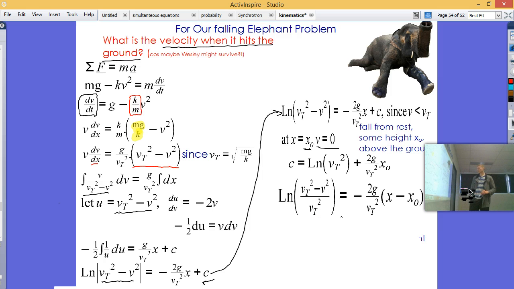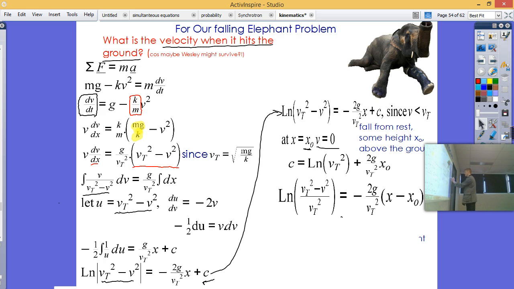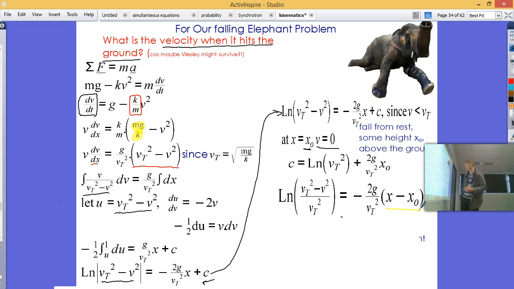Then I substitute that back in and apply a bit of log rules. When I apply the log rules, I get to have all the v's and the vt's together. It makes it nice and compact and neat. Very good. And then I've got my common factor of 2g on vt squared, which I can factorize out. And I've got this expression here, x minus x naught, some final position minus the initial position.